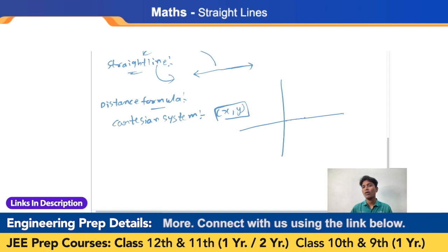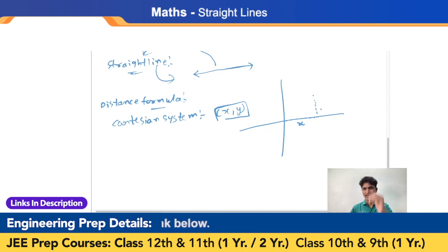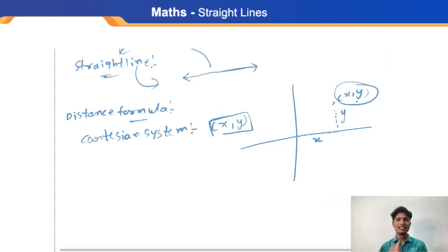I have to move x distance from the y axis, and y distance from the x axis. If I move like this, I will get the point x comma y. This is the representation of a point in the Cartesian system, because in the Cartesian system there are two types of axes, the x axis and the y axis. So x comma y is a point which we can represent in the Cartesian system, which contains the x axis and y axis. This is the Cartesian system.